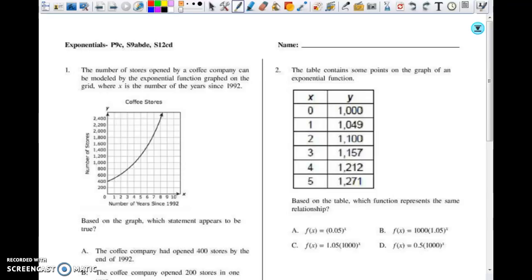So x at 0 would be 1992, right? That's my starting point. Each year after, so 1 year after 1992, that'd be 93, 2 years after 1992, that'd be 94, 95, and so on. So you have to know how to interpret that.